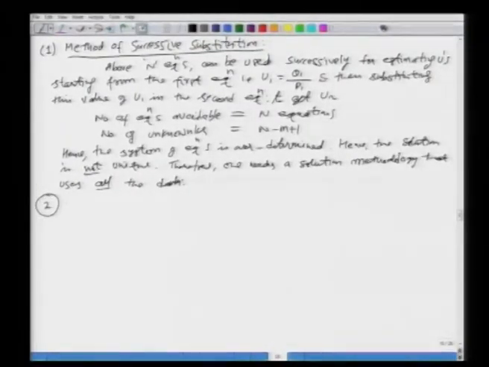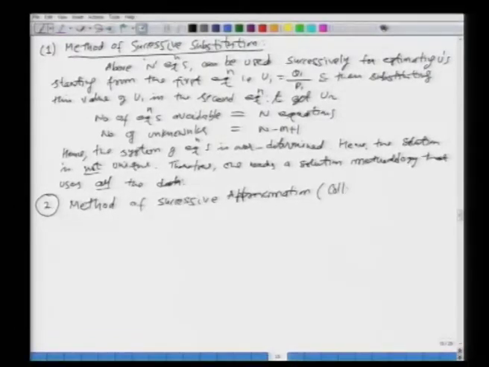The second method is called the method of successive approximation, and this was proposed by Collins in 1939.